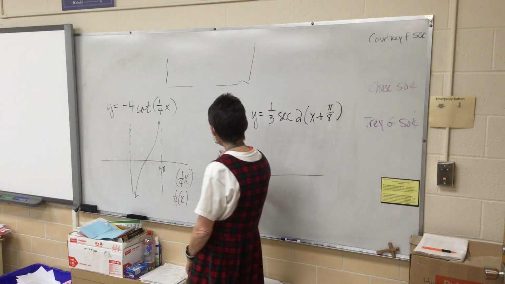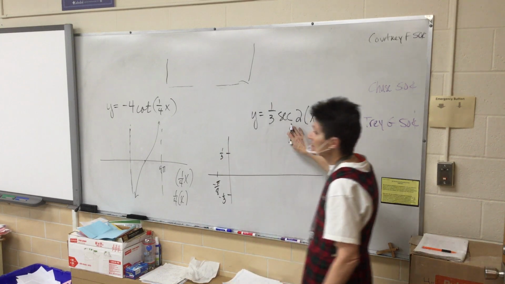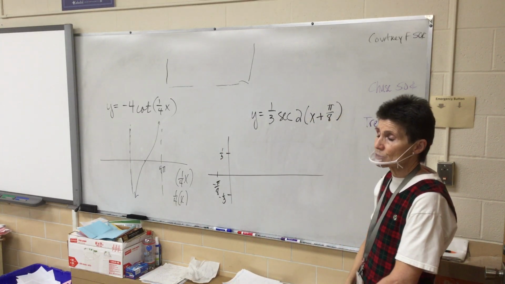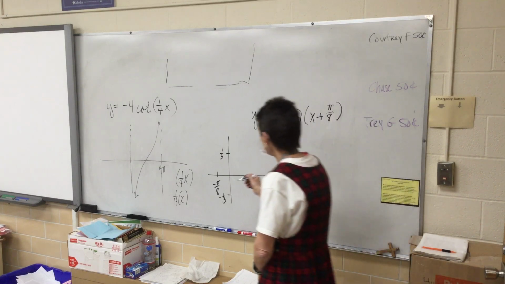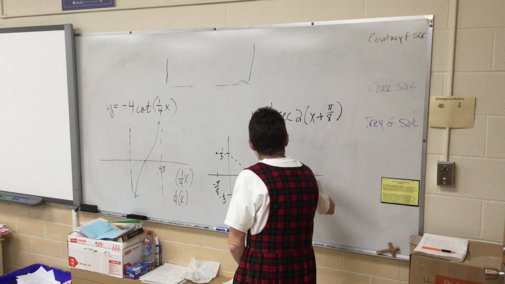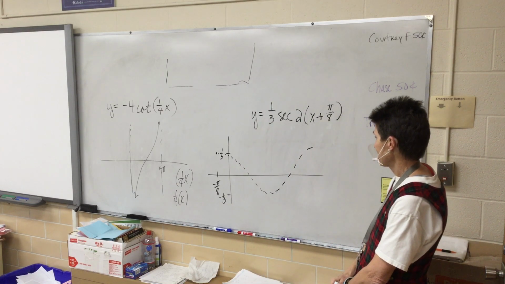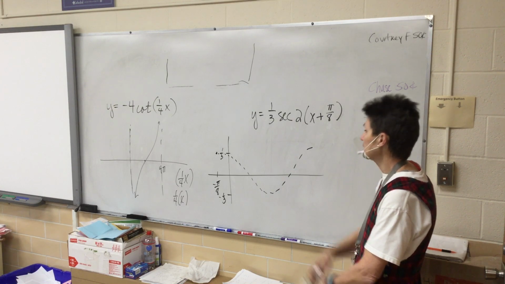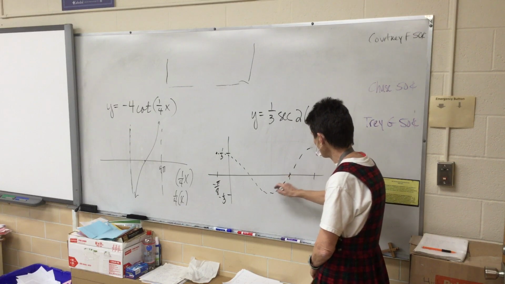It is a secant, which means I'll start with a cosine. Here's my starting point, and here's my cosine. I know eventually I'm going to put in asymptotes and all that stuff, but first let's get our labels under control.